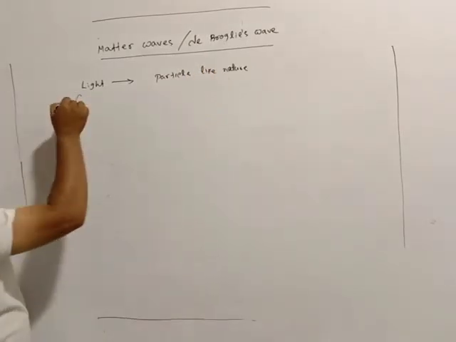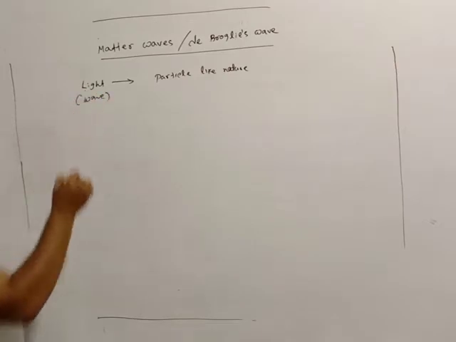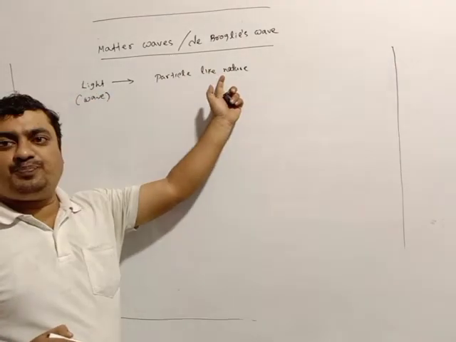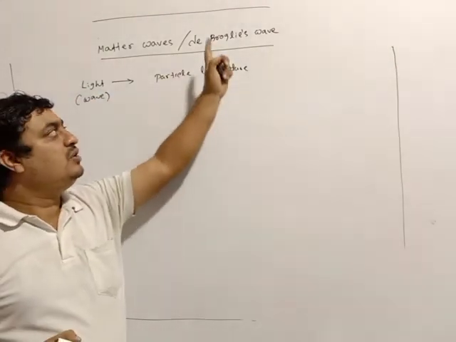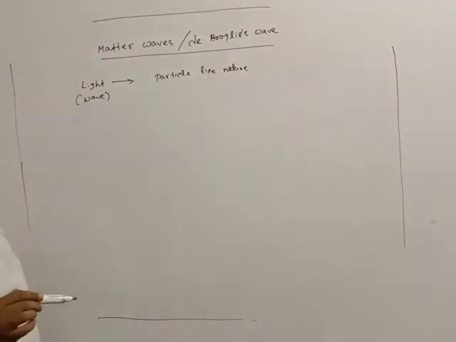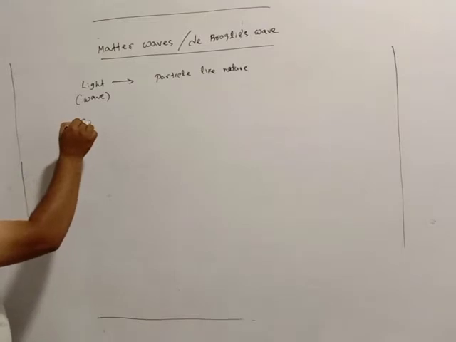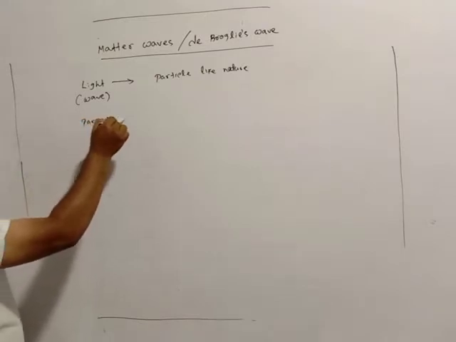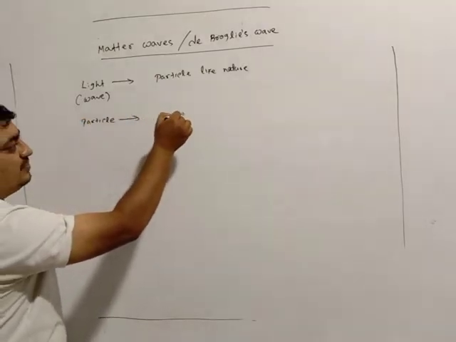Light is a wave, but in photoelectric effect, it shows particle-like nature. So, de Broglie argued that due to symmetry in nature, a particle must show wave-like nature.